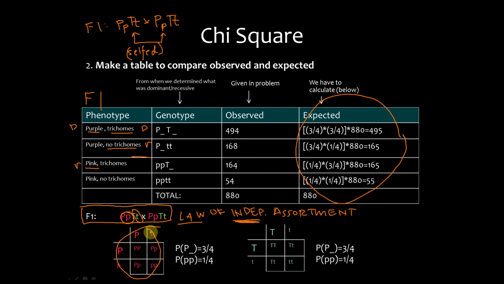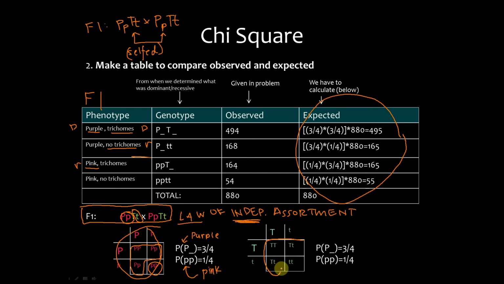So let's do the crosses. We cross big P to little p, and we get 3 big P's and 1 little p. So the probability of showing the dominant phenotype, which is purple, is 3 out of 4, and the probability of getting the recessive phenotype, which we know is pink, based on other parts of the question, is 1/4. Let's do the same thing with the heterozygote for T. We get the same thing.